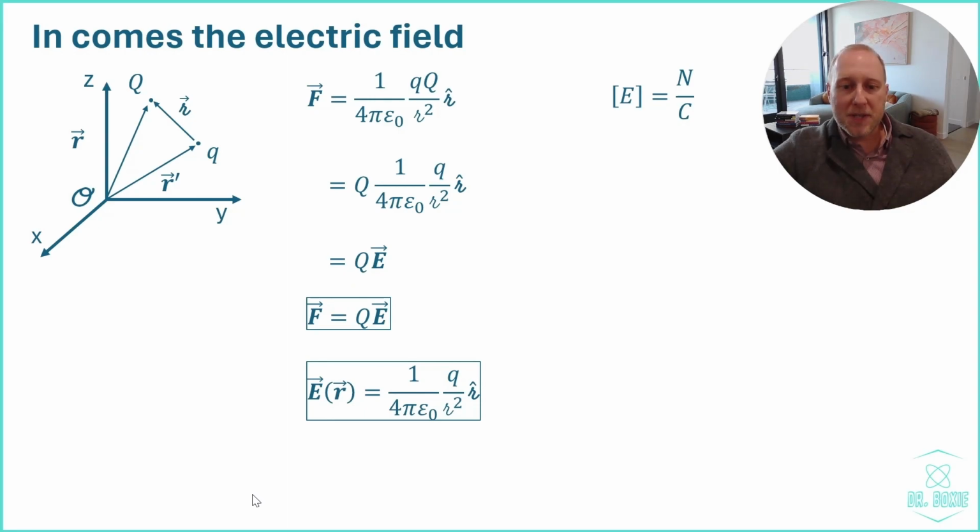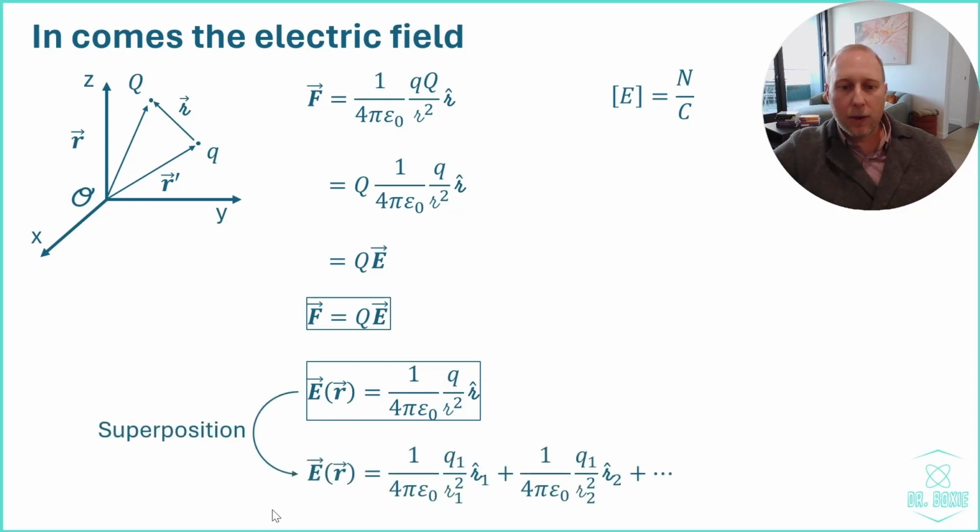The principle of superposition also tells us that if there are multiple source charges, we can simply add the electric field caused by each of the source charges separately. A last point about this electric field is that we don't actually need a test charge. If you look at the definition of the electric field, the bottom of the two framed equations, there is no mention of a test charge here.